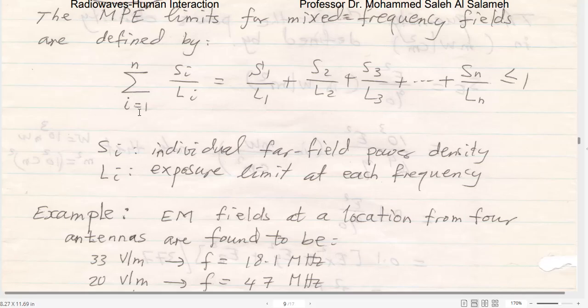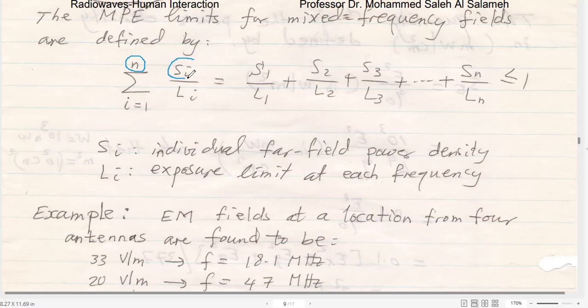Summation from i equal 1 to n. n is the number of sources at different frequencies affecting us or exposing us to radiation.